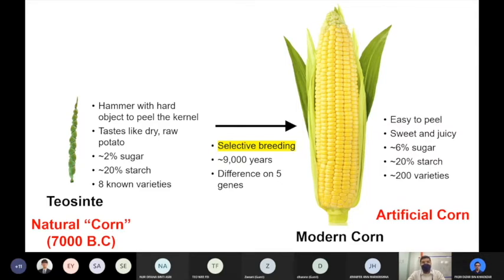This is an ancestral plant, a very old plant, the fruit part of the plant actually, and it has a few kernels, and it tastes like dry raw potato. It has a relatively low sugar content, about 2% and 20% starch, and currently there are 8 known varieties.